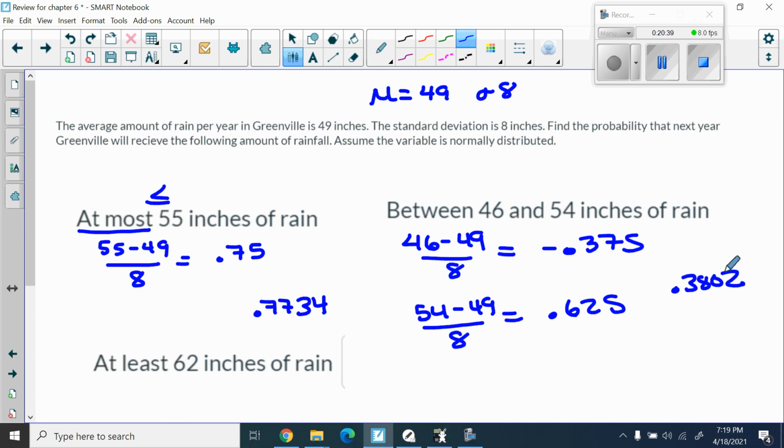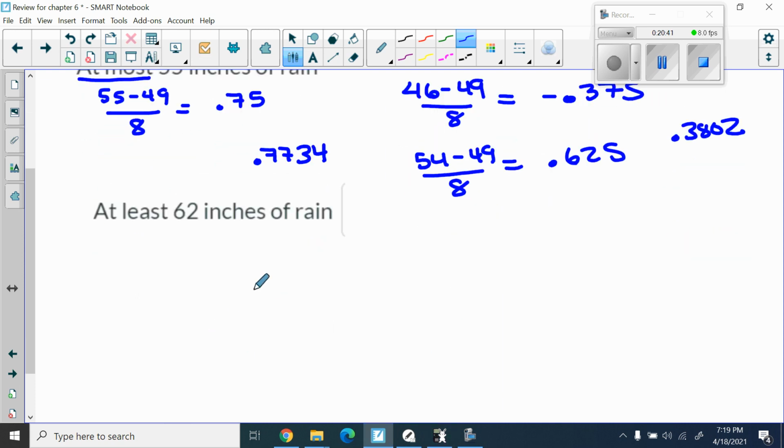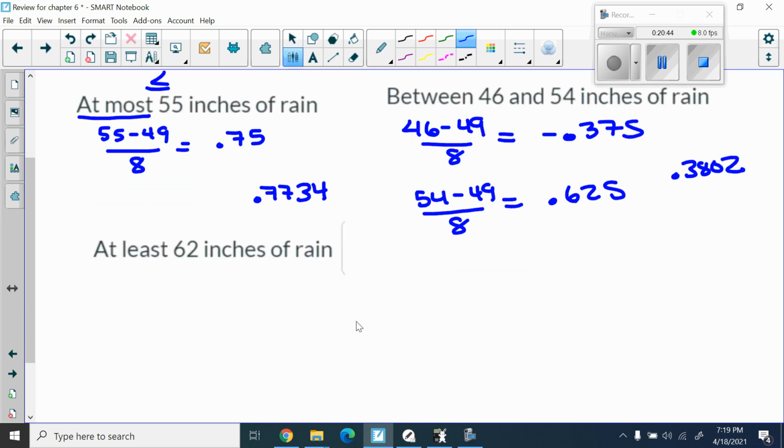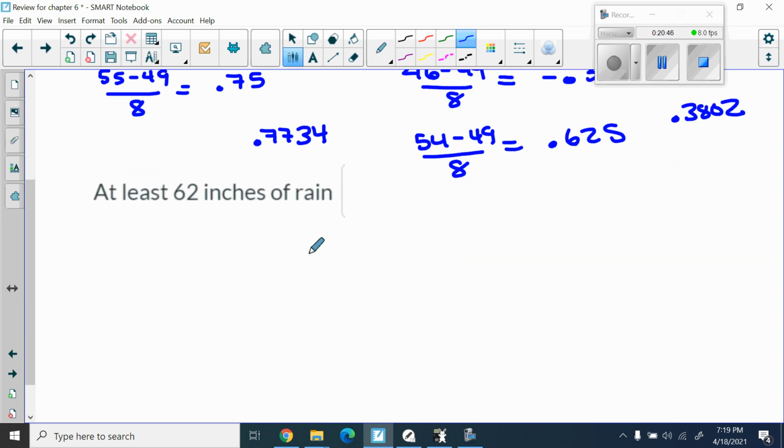Then if we're doing at least 62 inches of rain, we need to go ahead and calculate our z-score for 62. So that's going to be 62 minus 49 divided by 8, which is 1.625. This is going to be our upper bound because it's at least that much.